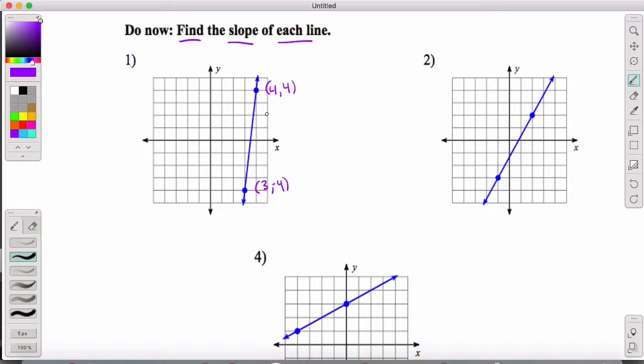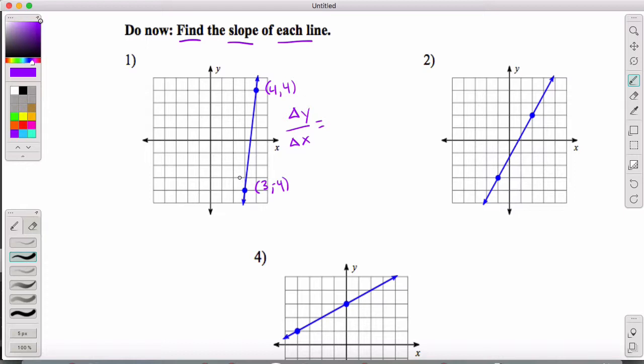And we want to find how our y's change and how our x changes. So remember, slope is our change in y over our change in x. I'm going to start at the bottom with this 3, -4 coordinate. And I'm going to use these individual boxes to actually count how my y is changing.